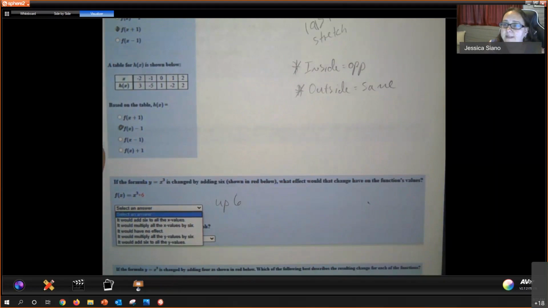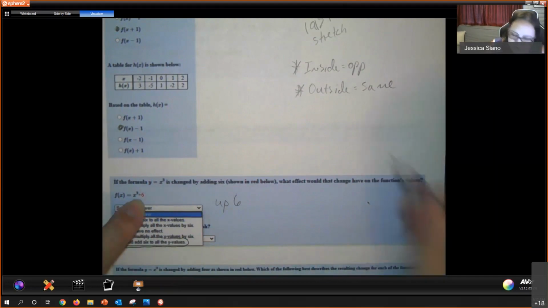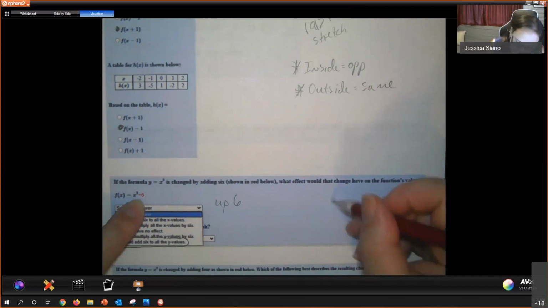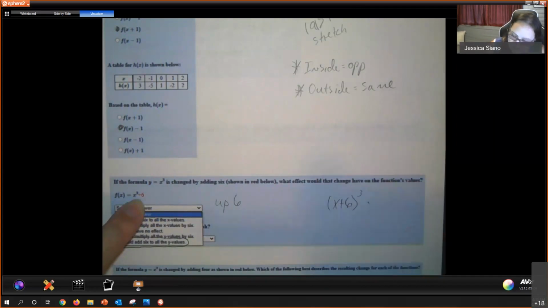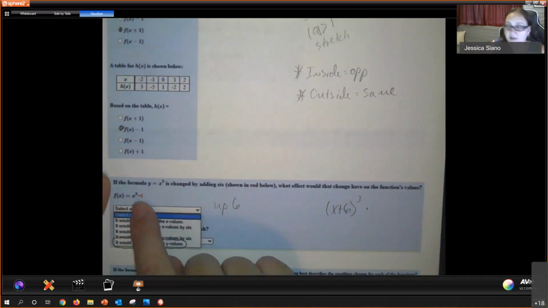And moving up 6 would add 6 to all the y values. Okay. So we know the difference between vertical change and horizontal change because of parentheses. If this had been x plus 6 to the third like that, that would have been a horizontal change. Since it's f of x plus 6 like this, it's a vertical change.